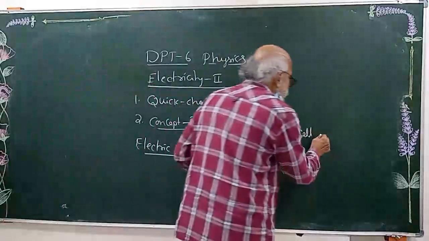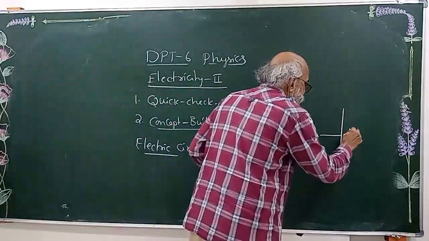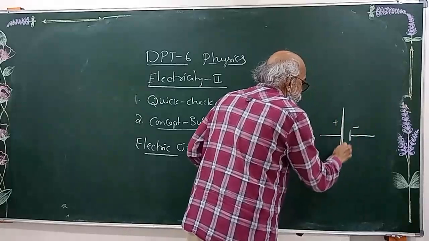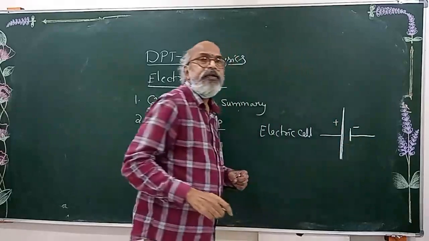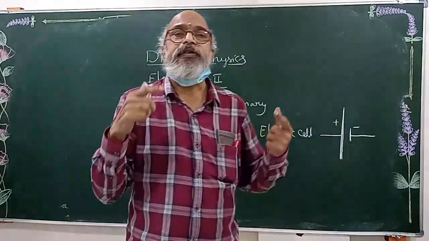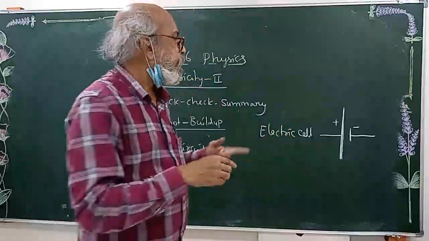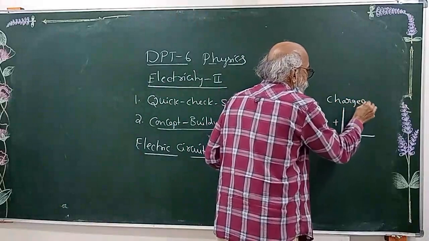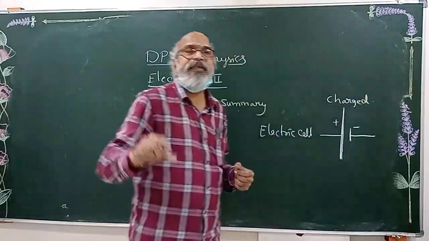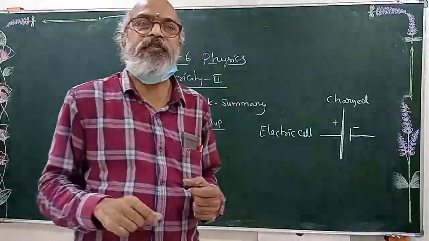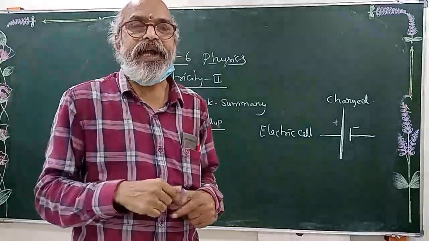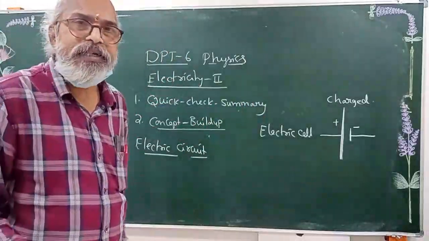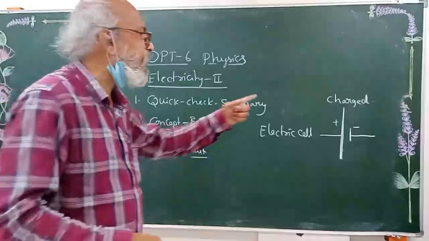The electric cell contains a cathode and an anode, which are already charged due to the difference in chemical reactivities of various elements taken in that electric cell. They get enough charge, so chemical energy is completely converted into electric energy.